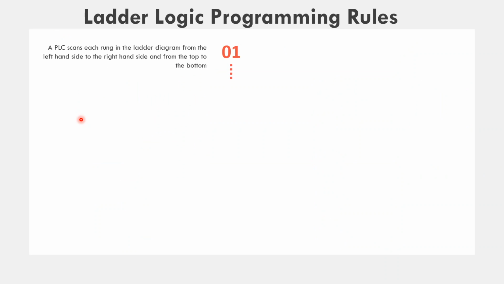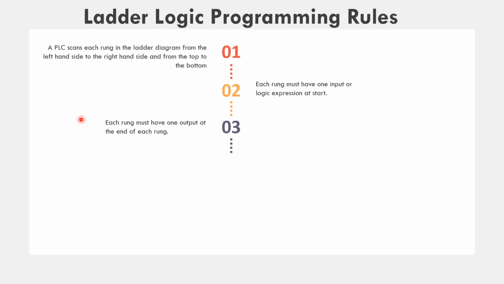Rule number 1: a PLC scans each rung in the ladder diagram from the left hand side to the right hand side and from the top to the bottom. Second, each rung must have one input or logical expression at the start. Third, each rung must have one output at the end of each rung.